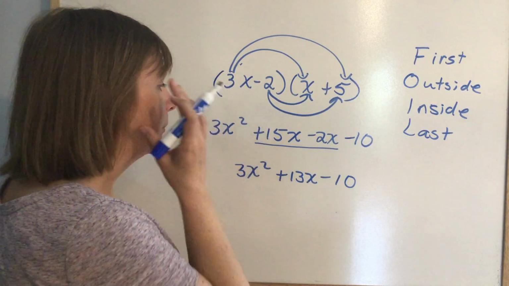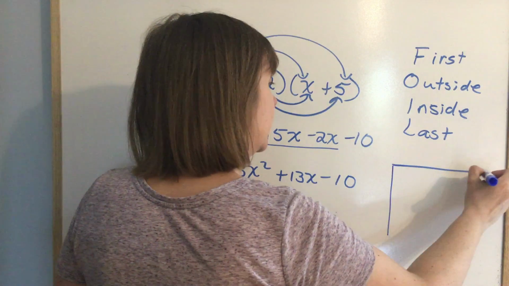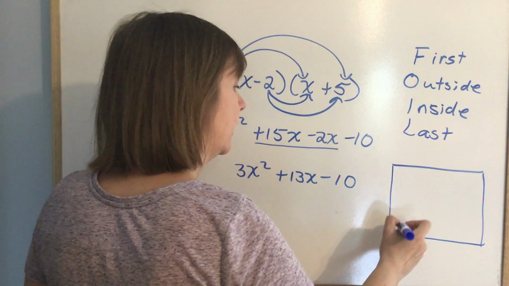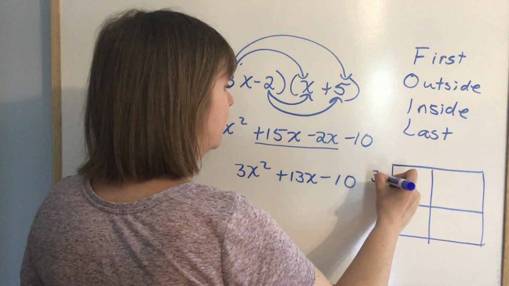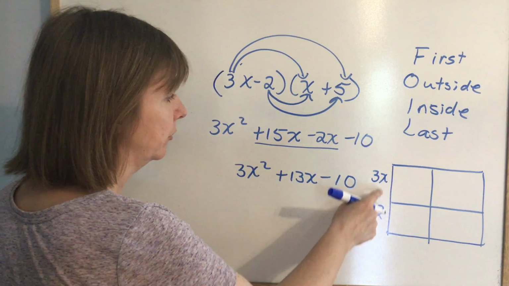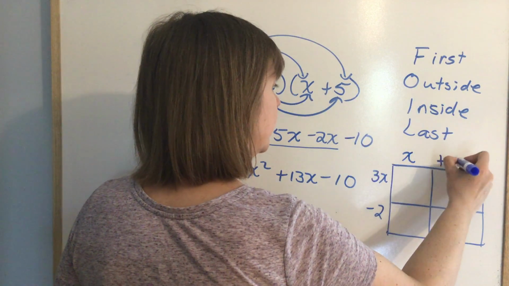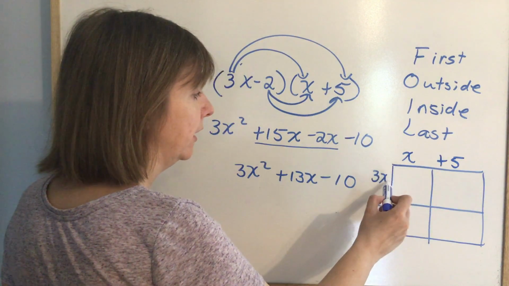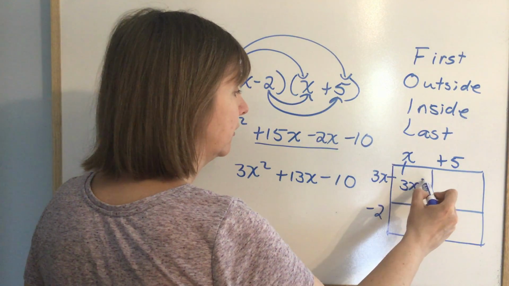Again, we talked about doing it as a box. So if you had 3x minus 2, so I've got 3x minus 2, this box for here and this box for here, and x plus 5, then you just multiply 3x and x, which would make 3x squared.